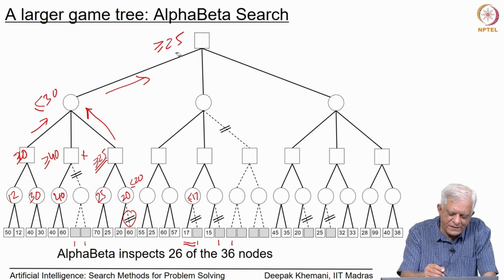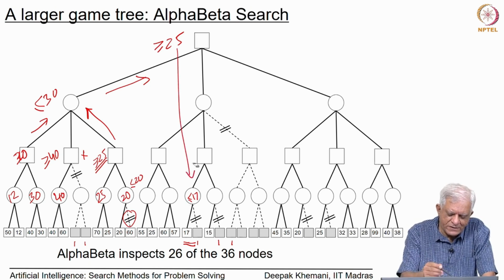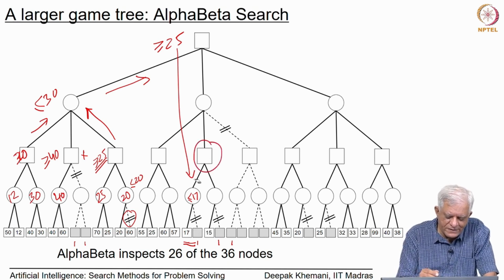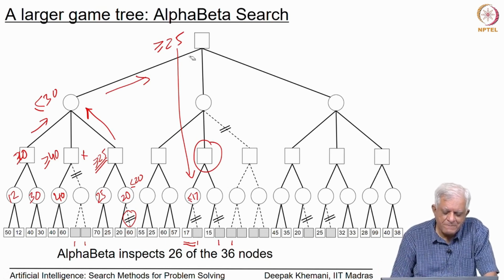Then the fact that its max ancestor is 25 influences the cutoff at the very deep level. So, even without knowing the value of its parent, a cutoff can be influenced by any ancestor, and this is what we had studied earlier.